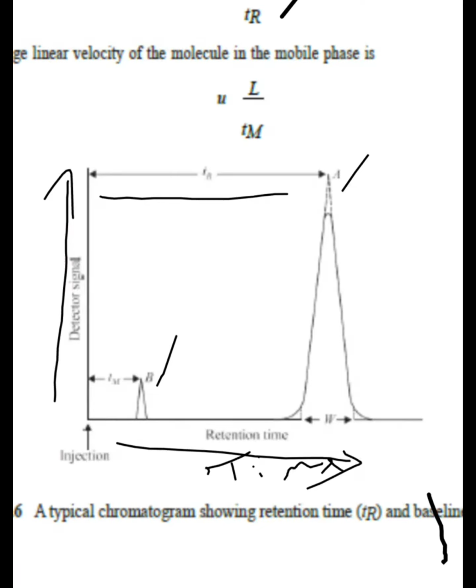You are going to calculate the retention time, and the retention factor from this plot, known as the chromatogram. And this is the base width of compound A, and this is the base width of compound B. They will be denoted as WA and WB. So TM is known as void time, the time taken for the non-retained compound.